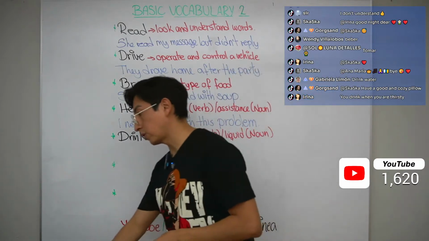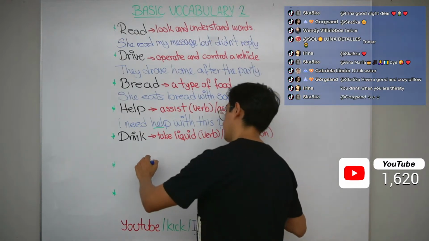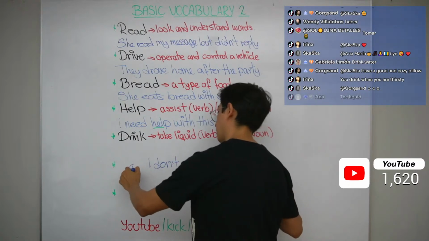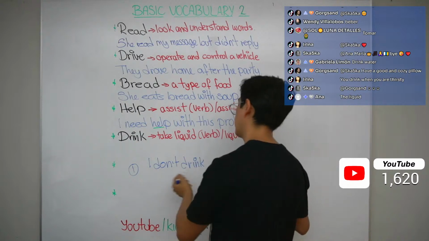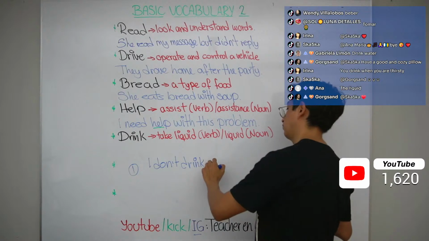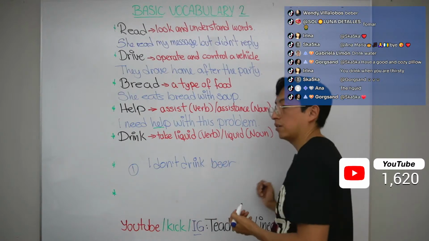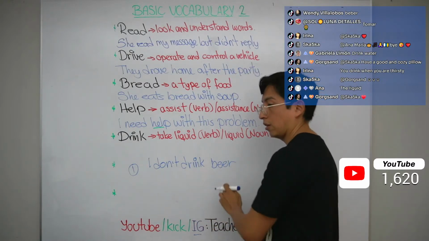So I'm gonna give you some examples here. Maybe you can say, I don't drink beer. I don't drink alcohol. Okay, we can use this a lot.